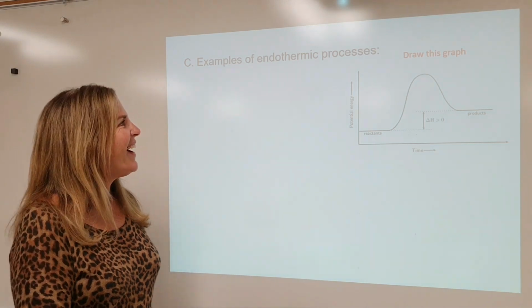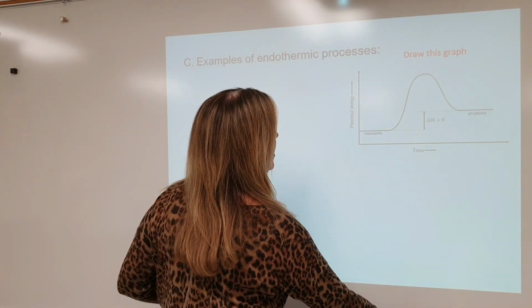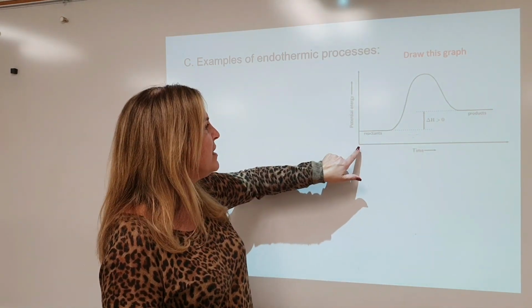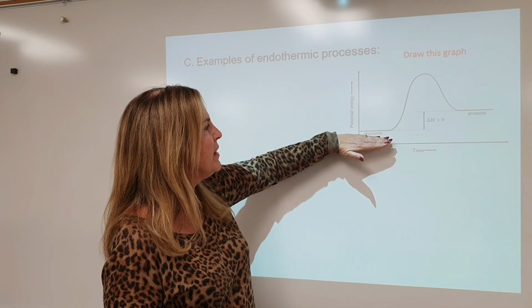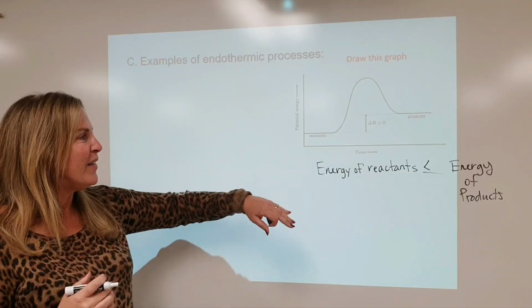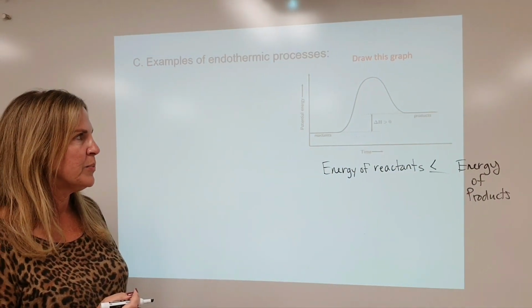Welcome back. All right, so again, let's take a look at this. In this situation, same graph, we have potential energy, we have time. We can see here, here's where we're starting. These are our reactants. So what can we say? We can say here, the energy of our reactants is less than the energy of our products.